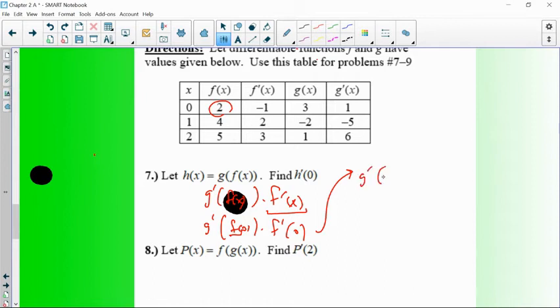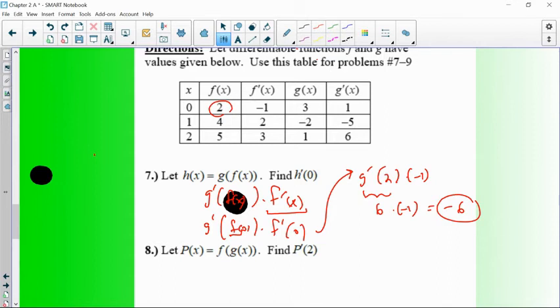So it's g prime of 2 times, and what was f prime of 0? Aha, negative 1. And then we can evaluate g prime of 2. G prime of 2 is 6. So this is the 6, this is negative 1, so we get negative 6. So it's basically, we're assessing the structure of chain rule, but not having to, again, simplify algebra because you know the specific values.